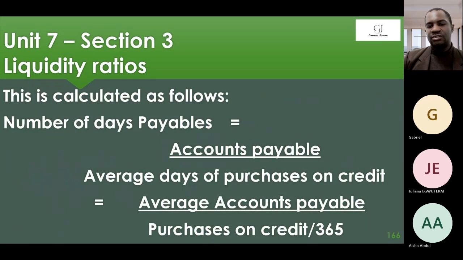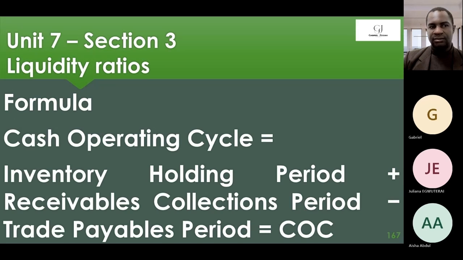So the formula is also on the screen. We've calculated it: average accounts payables divided by the purchases on credit, or where you don't have purchases on credit, you just use the cost of sales. If the company does not buy on credit, the cost of sales is a perfect picture of the denominator.